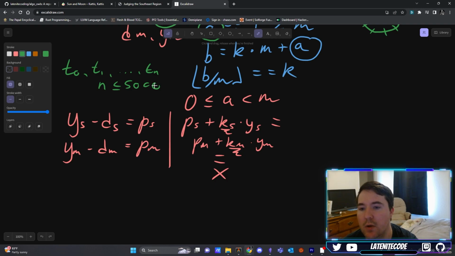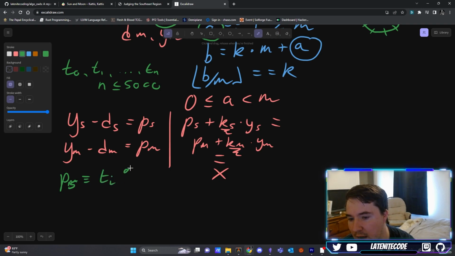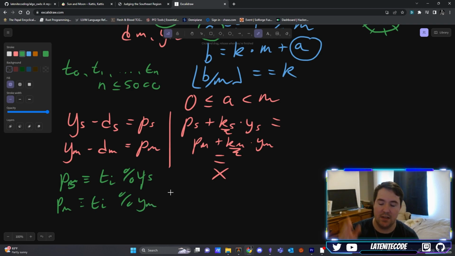Okay. And so if we can find some TI where it is the case that PS is congruent to TI mod YS, and some PM congruent to TI mod YM, then what that means is that there's some time point in which, given the length of the cycle of the sun, we're now back at the exact position in which the sun is in front of our telescope.